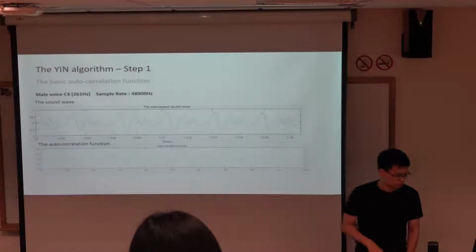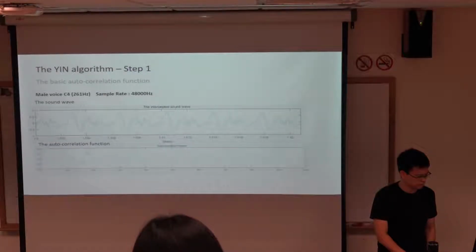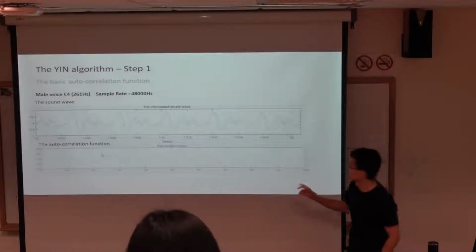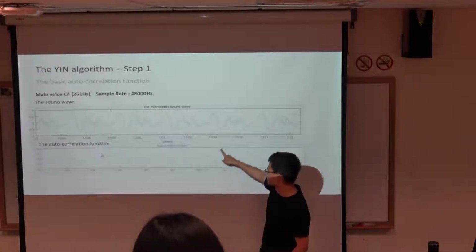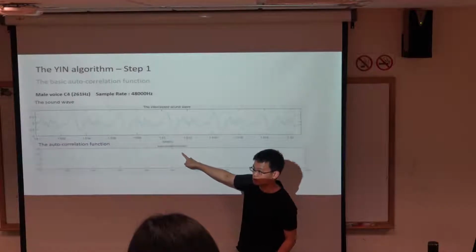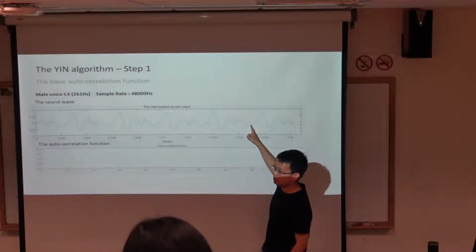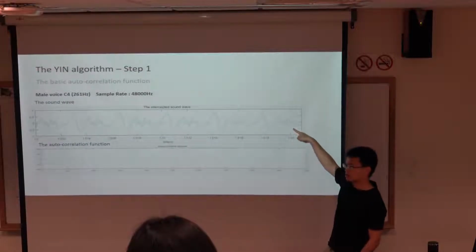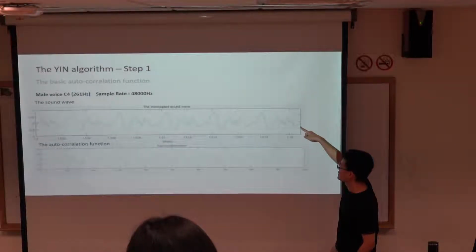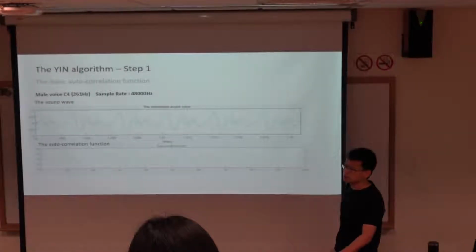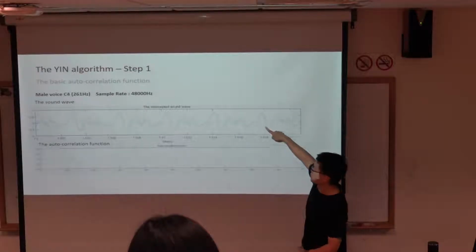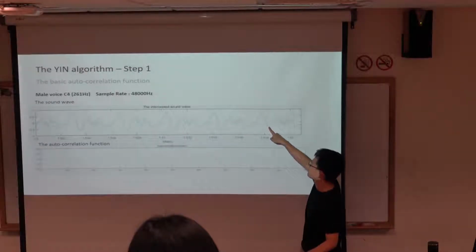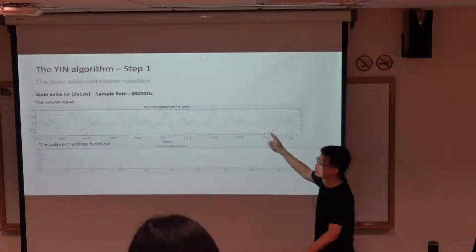We actually want to know the distance between the two peaks, right? That's the period of the original signal. Because how do we recognize the fundamental frequency from the time domain? You just find the repeated pattern. So from here to here, that's the period of the fundamental frequency.